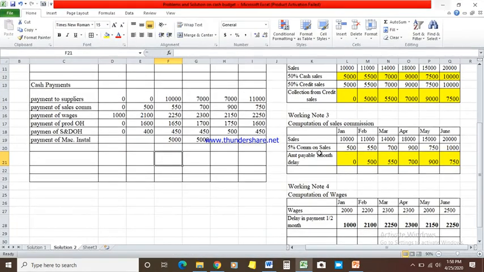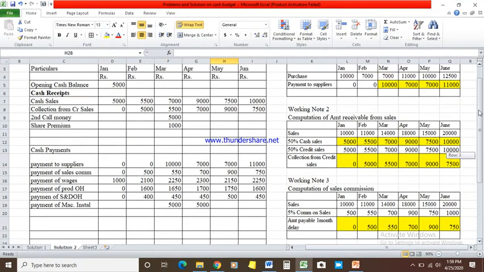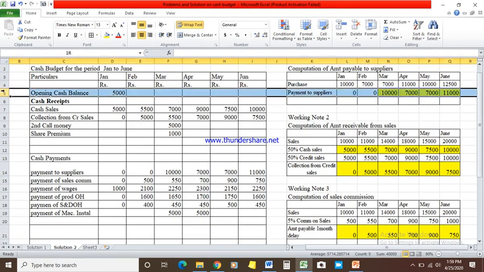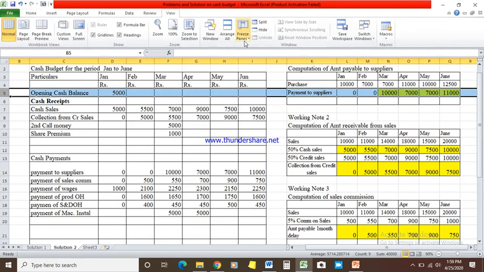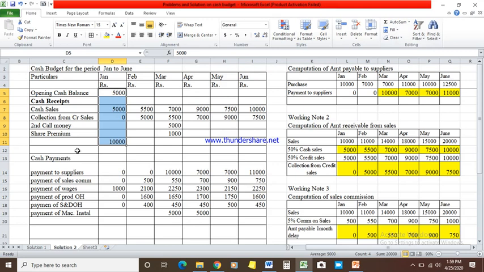So the next step will be balancing. Now again, when you are doing the balancing, okay, let's do the total first. The total of receipts, total cash receipts, that is 10,000, total cash payment 10,000.